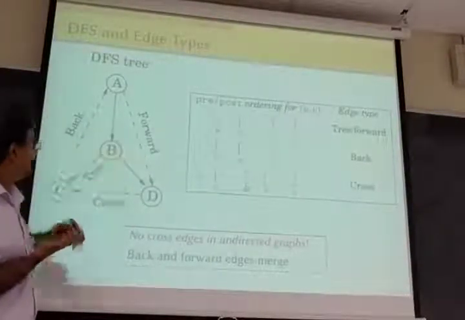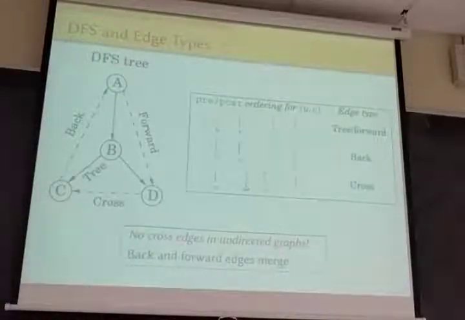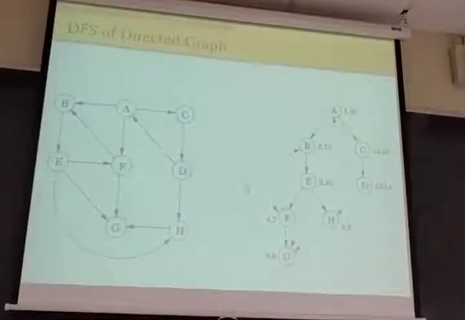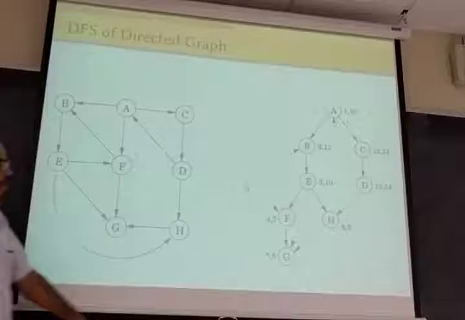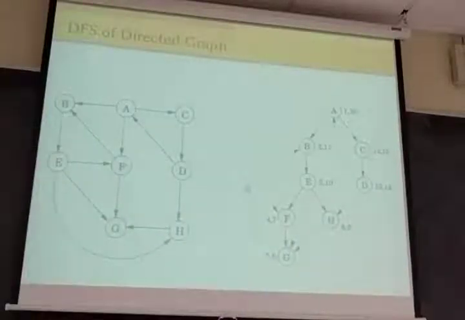You could also have a forward edge. Let's see if we can find a forward edge in the example. Do we have a forward edge? I guess we have a forward edge here, right? From E to G is a forward edge in a directed graph.